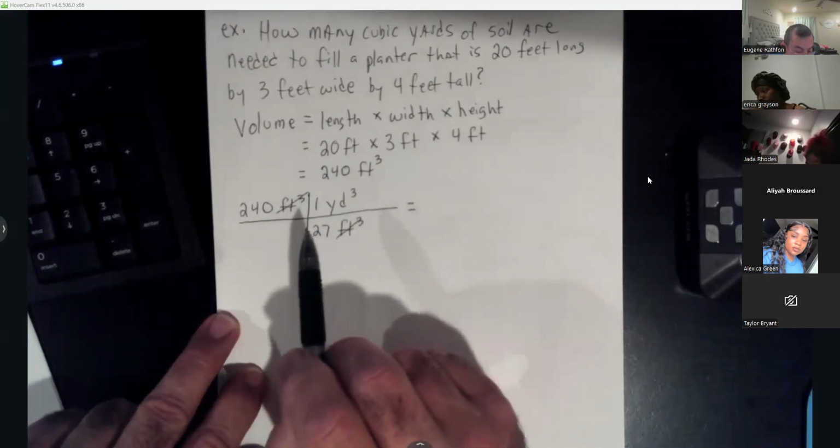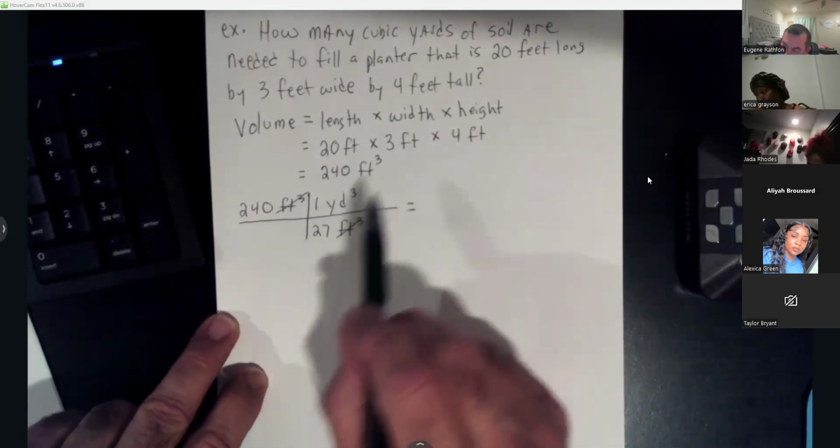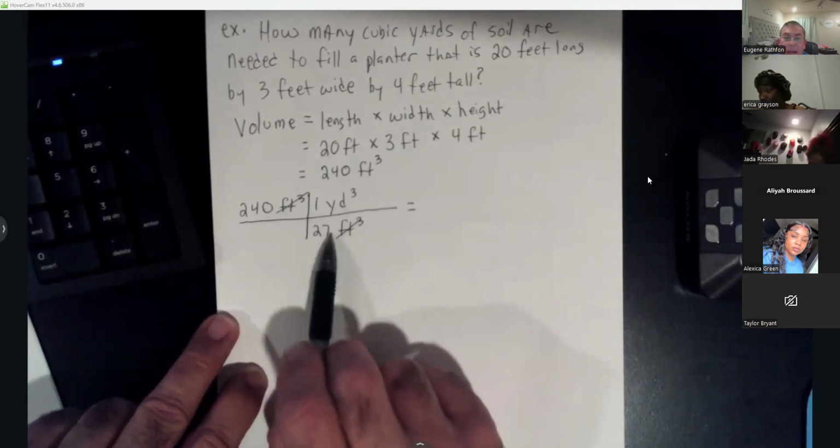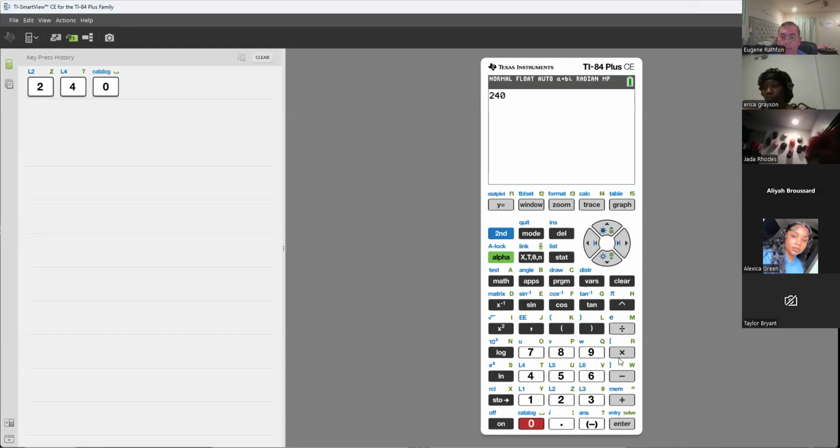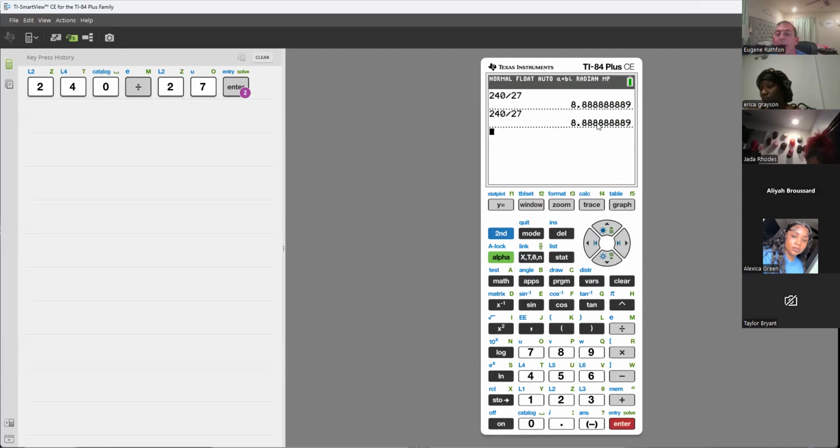All right, y'all. So now we divide. And I think on this one we would leave it 1 decimal place. So let's take that 240 and divide by 27. All right, so 240 divided by 27 gives me 8.8888.